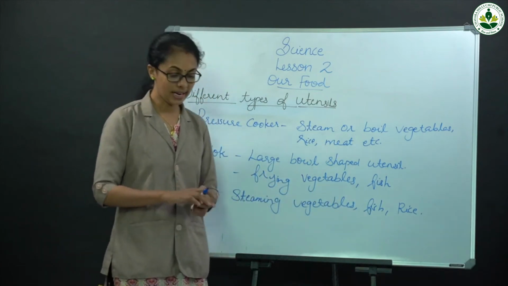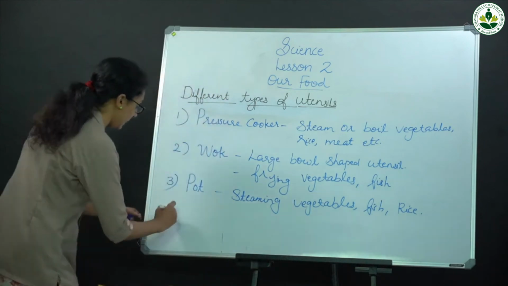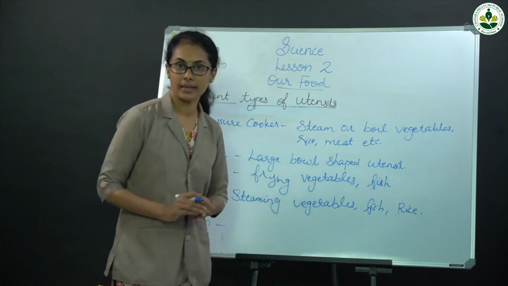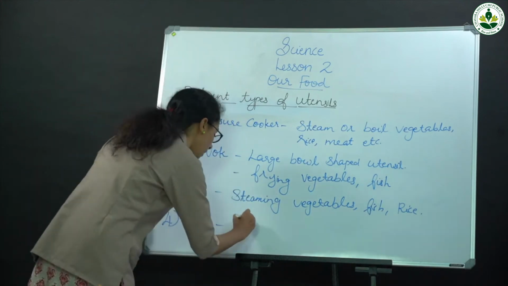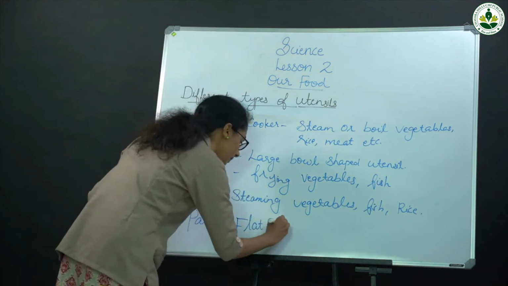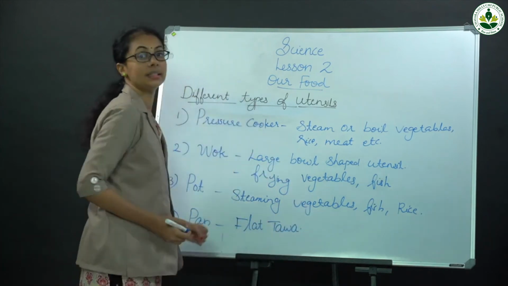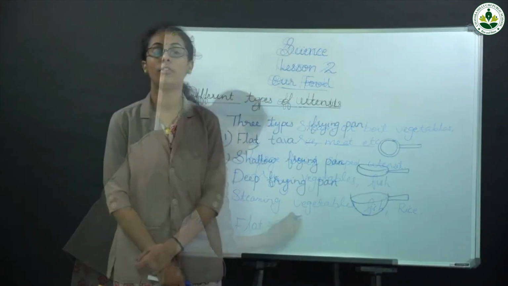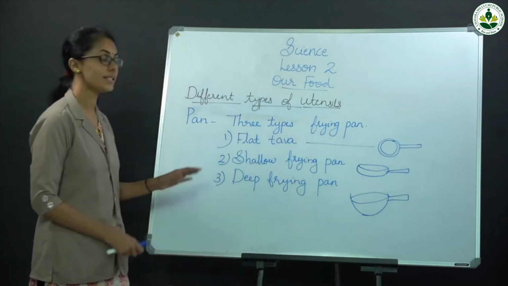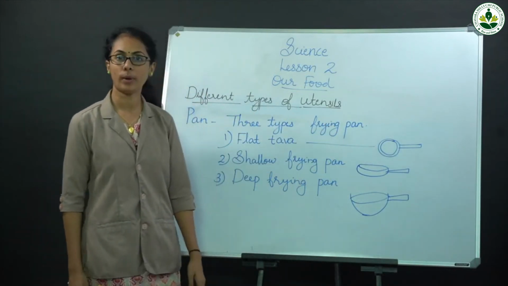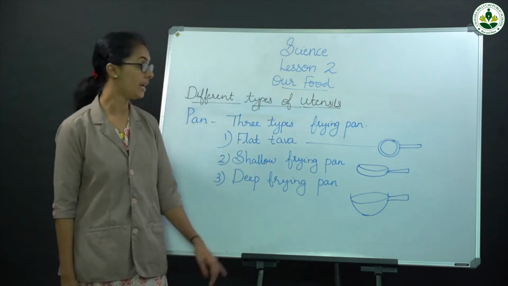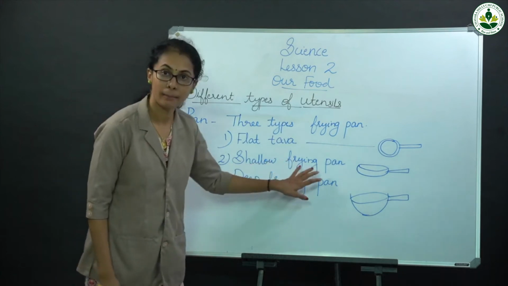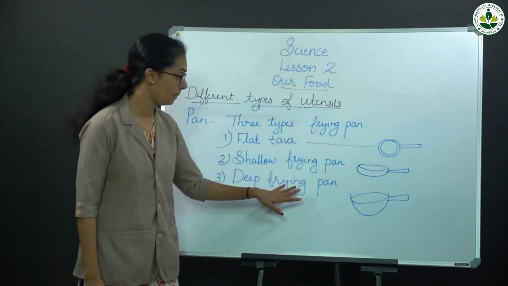Then the next one is the pan. Three types of frying pans are there. The first one is the flat tawa, the second one is the shallow frying pan, and the third one is the deep frying pan.